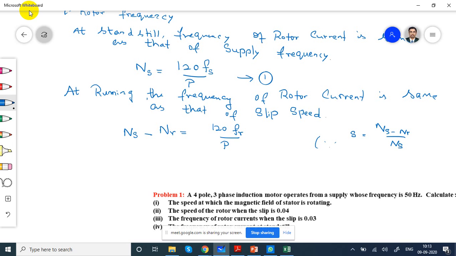So from that, s into Ns equal to Ns minus Nr. This is nothing but slip speed. So slip speed is directly proportional to the frequency of rotor current during running condition.